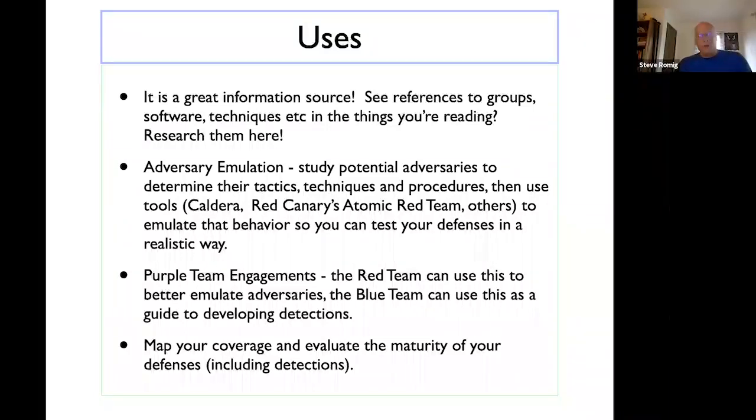The ones where we don't have something in place may be things that we should be focusing on developing, if those techniques are of interest to us or are a threat to us. But we might also want to use this to try to evaluate the maturity of our different defenses, maybe partly through purple team engagements or through just other forms of testing.